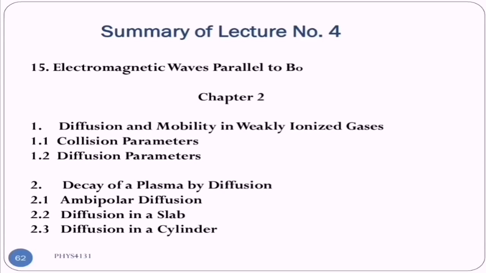Then we started chapter 2, about diffusion and resistivity. We started this chapter with diffusion and mobility in weakly ionized gases. We studied the mobility parameters and diffusion parameters and wrote their expressions. Next we studied the decay of plasma by diffusion, how plasma decays in a diffusion process.